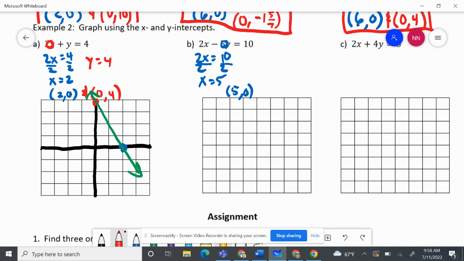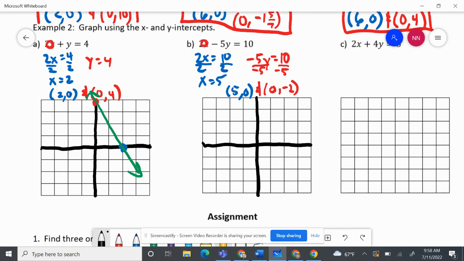Then what I'm going to do is find my y-intercept. In order to find my y-intercept, I plug in a 0 for x. So I get negative 5y is equal to 10. I divide it by negative 5. And y is equal to negative 2. So I have 0, negative 2. What I'm going to do now is take those 2 ordered pairs and graph them.